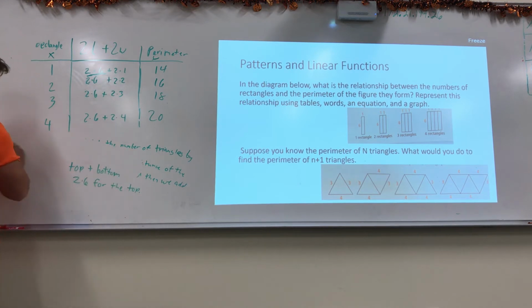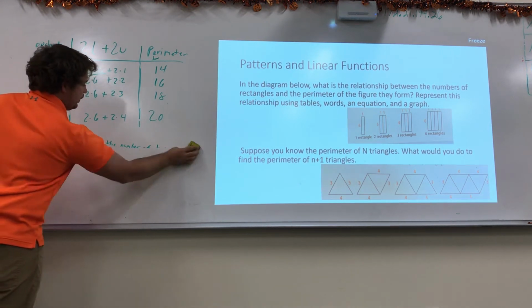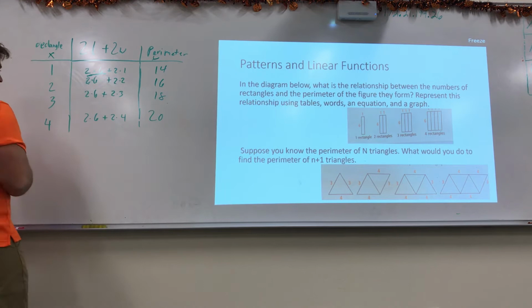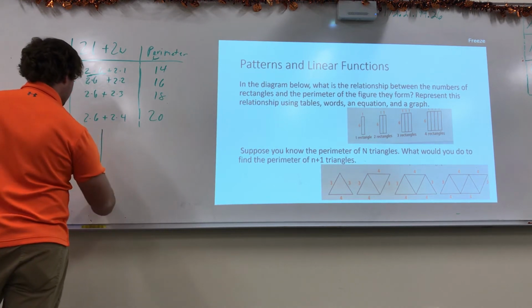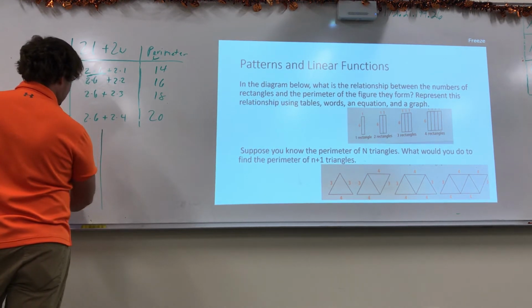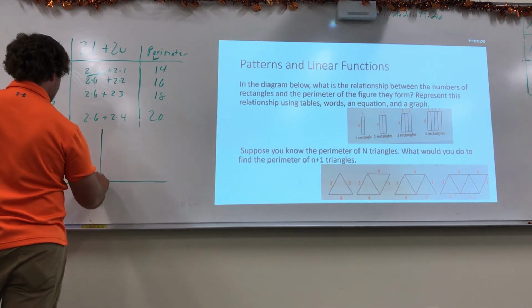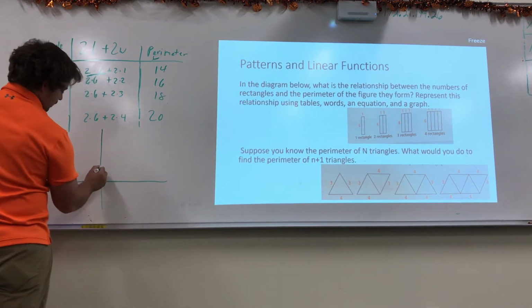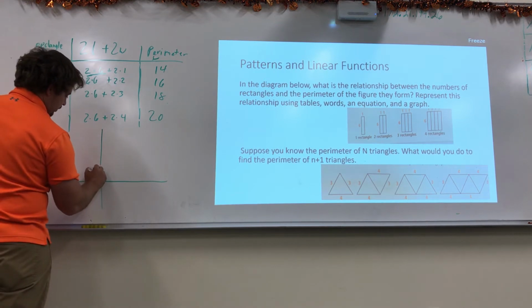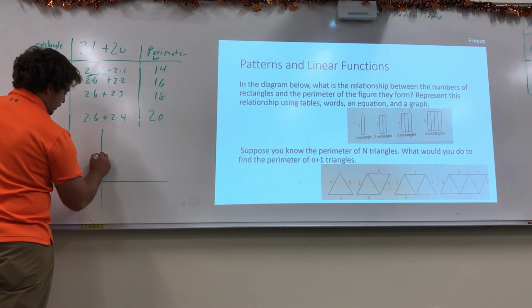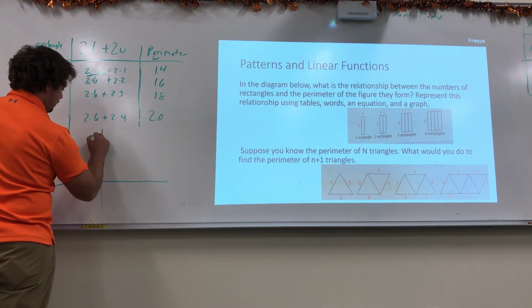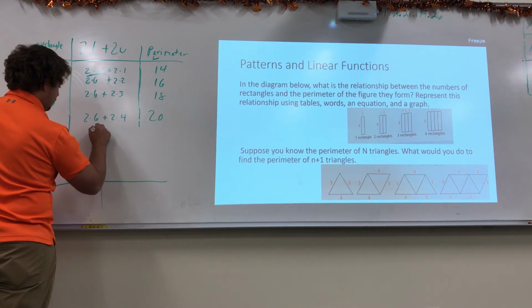So I'm going to get rid of those. Okay, I want to keep my chart here. Okay, I'm going to go by 2s: 2, 4, 6, 8, 10, 12, 14, 16, 18, 20.